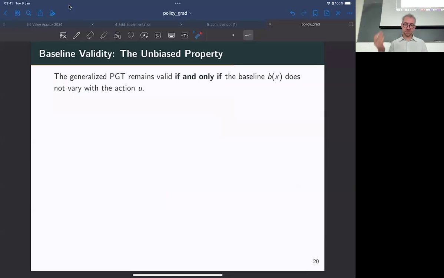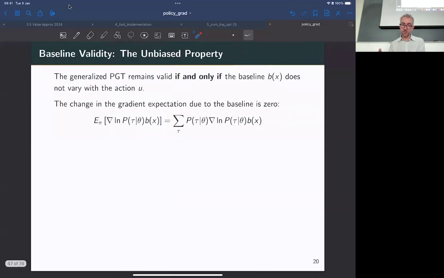Okay, so what's important is that the baseline does not depend on the action. It can only depend on the state. And the way we can see that introducing the baseline does not alter the validity, the fact that the policy gradient estimate is unbiased, is by computing this expectation.